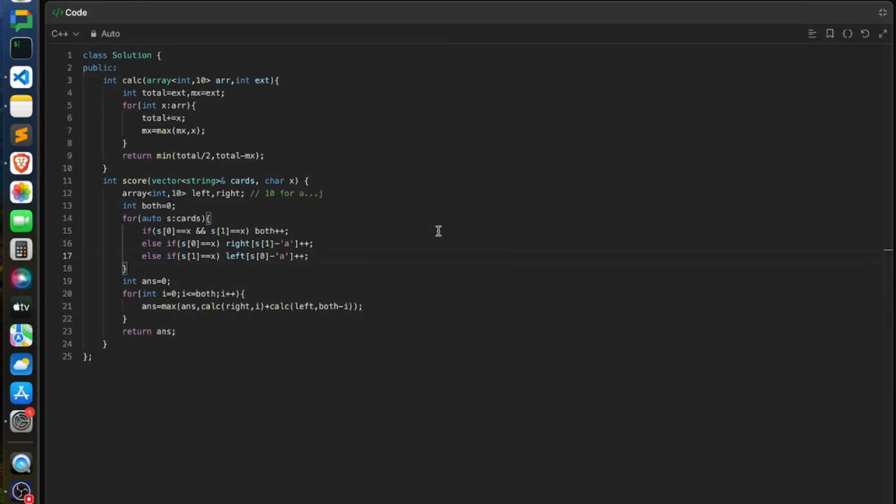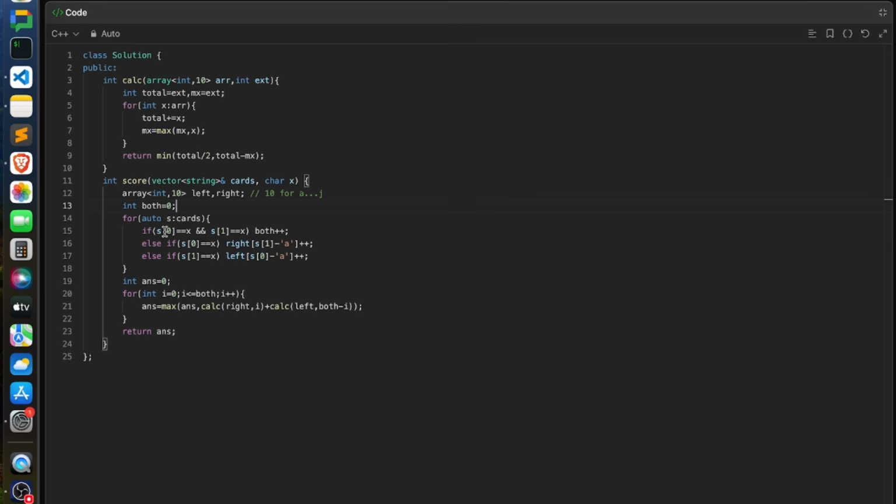I would highly recommend checking out the explanation part, because that is the most crucial part in this problem, because this code is exactly the same as what I have explained in the explanation part. So I took a left array and a right array to store the frequency, and this is my both variable that essentially tells you how many type 1 cards are present.